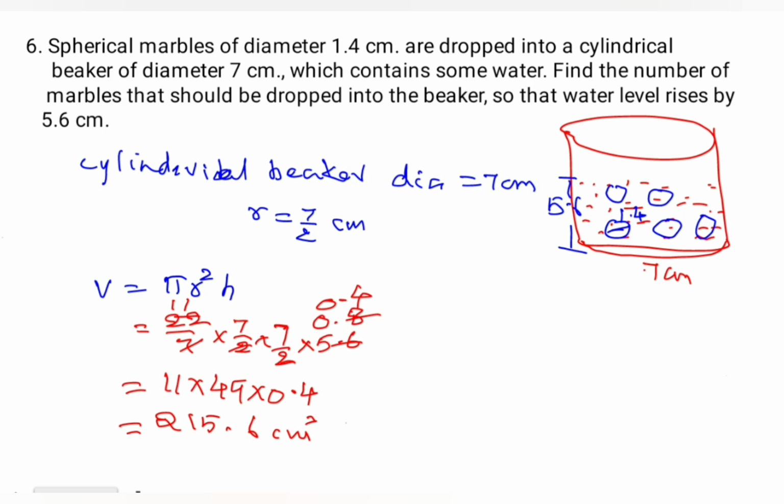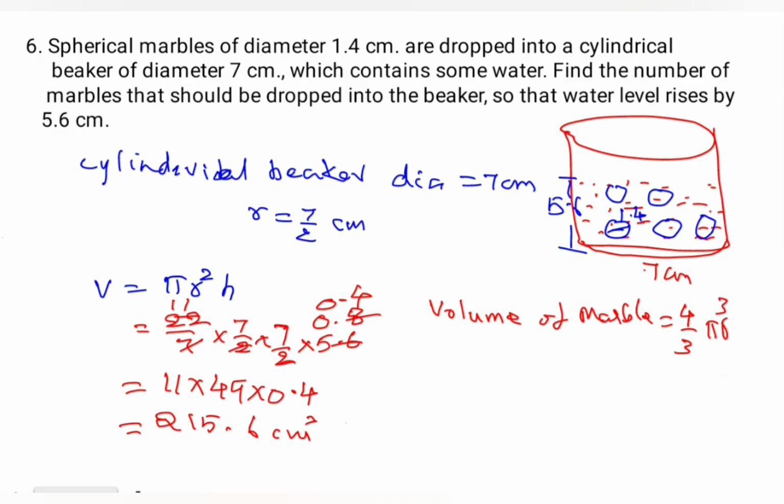Now we need to find the volume of that spherical marble. The volume of marble equal to 4 by 3, because it is a spherical shape, 4 by 3 pi r cube.